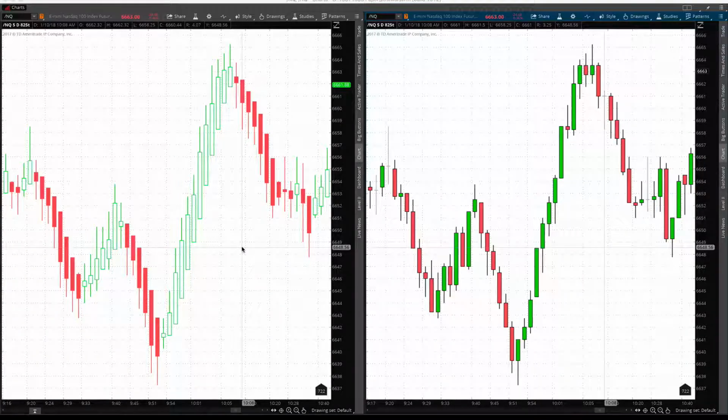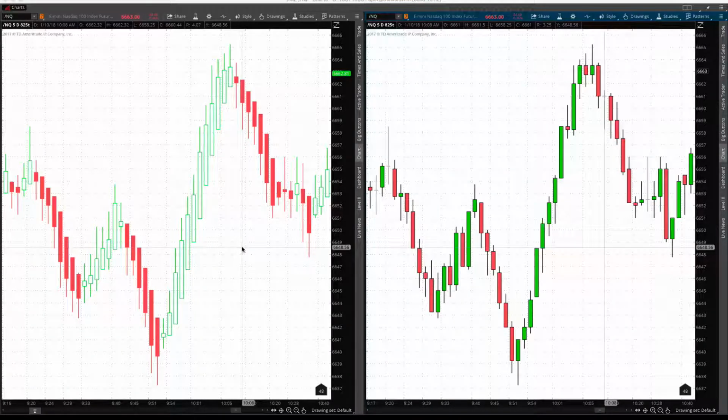Now, as far as the drawbacks go, because the bars on the Heikin Ashi are calculated, you can't tell exactly where price is, the real current price, which is why you need to have a regular candlestick chart up in addition to the Heikin Ashi chart, so you can tell where price really is. And you can use the Heikin Ashi in conjunction with other indicators. You can add indicators onto it just like you could any other regular candlestick chart.